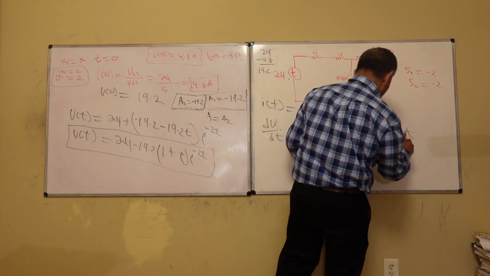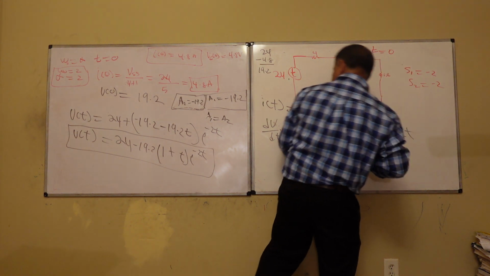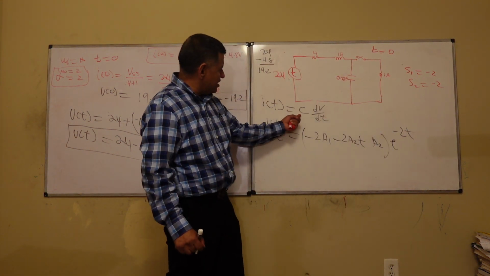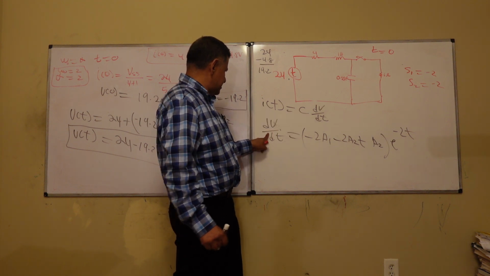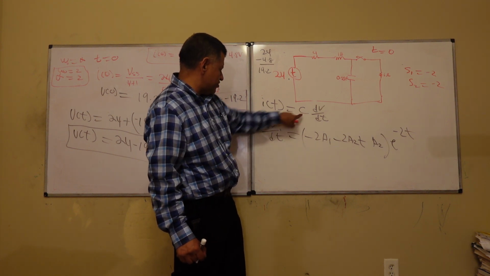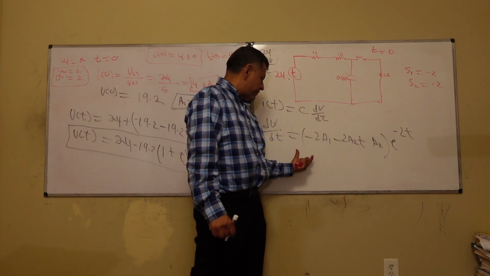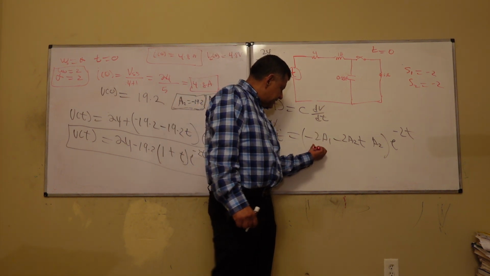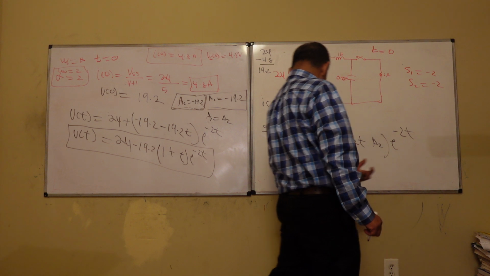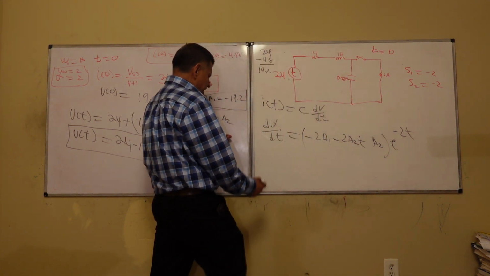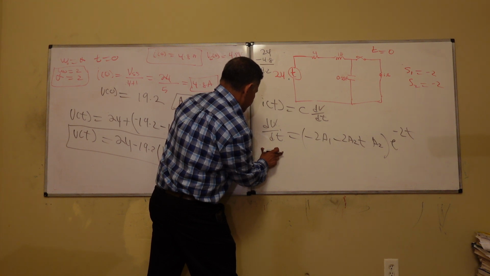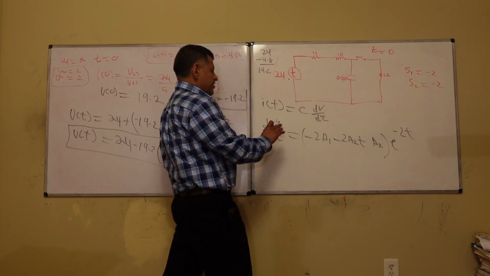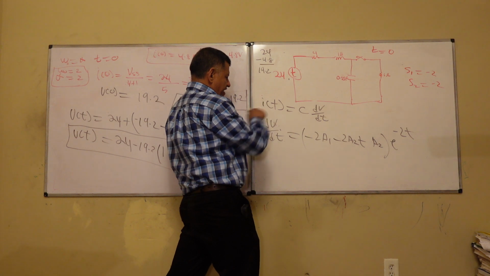We need to multiply by c. Why? Because this is the value of the capacitor. And when we do that, we get the current, which is what I'm trying to find right now.